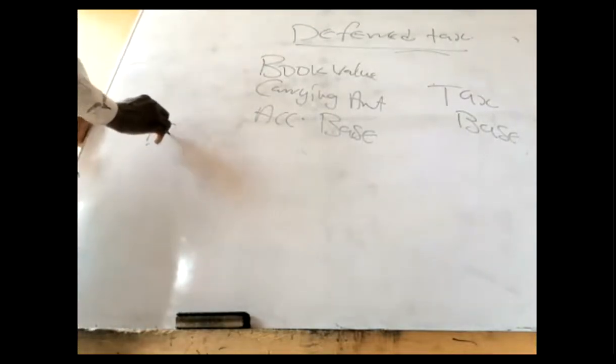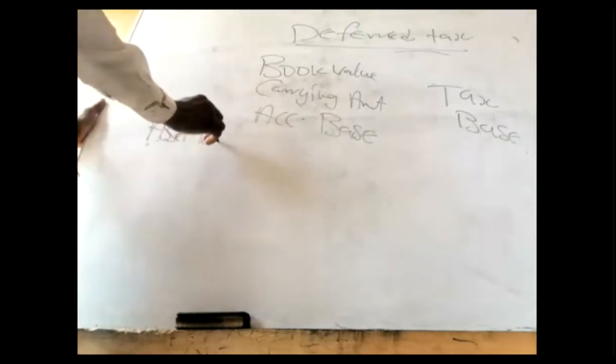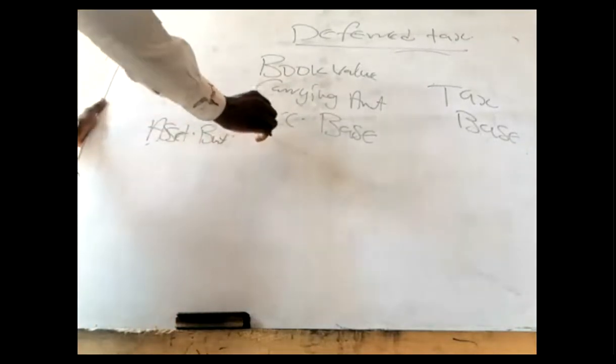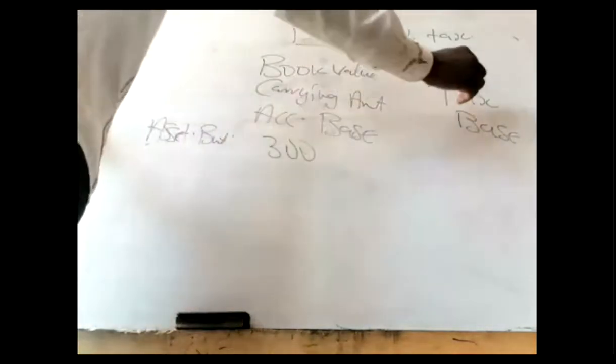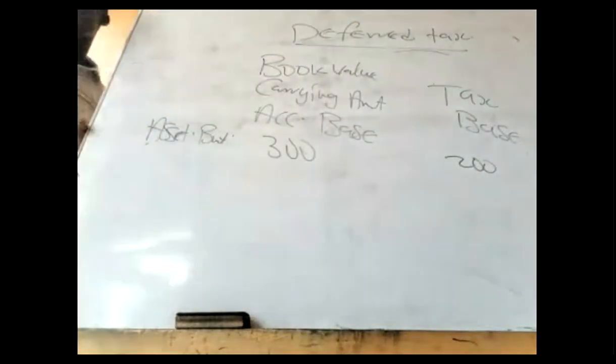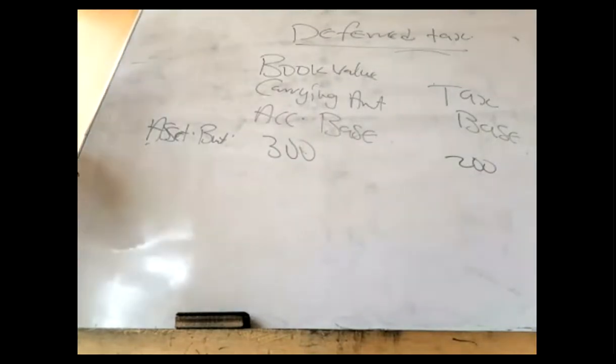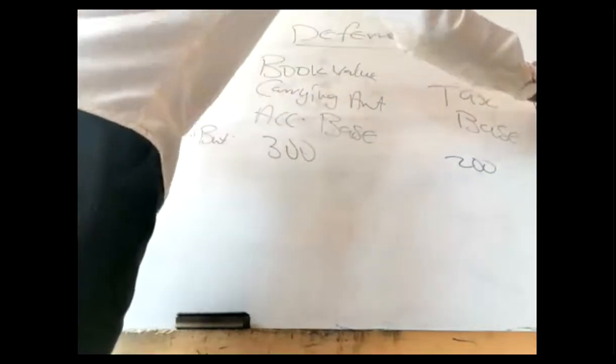So if it's an asset, let's say a building, the current amount is, let's say, 300. But the tax authority says, no way, the current amount of this building should be 200. So what's the temporary difference? The temporary difference is 100. Agreed. Okay.